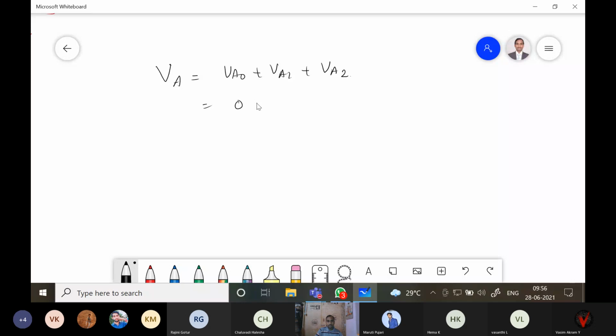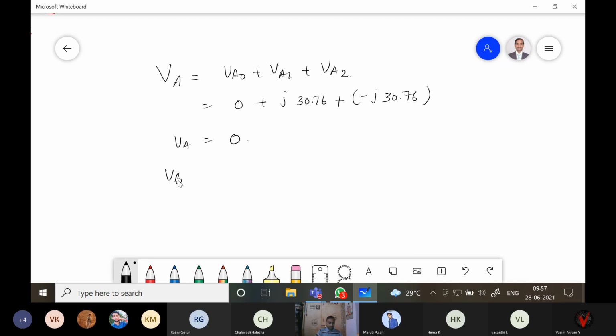VA0 is 0. VA1 calculated is j 30.76 plus VA2 is minus j 30.76, right? Minus 90 we can write as minus j, plus 90 as plus j. So this gets cancelled, and VA will become 0.